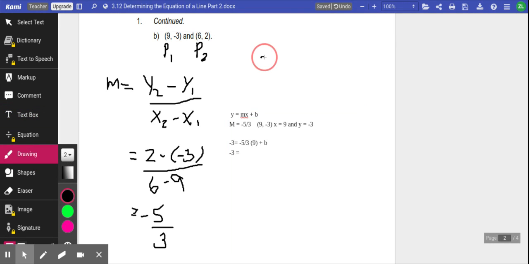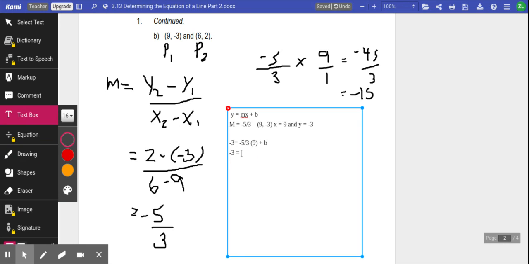So we'd have negative 5 over 3 multiplied by 9 over 1. So negative 5 times 9 being negative 45. And then 3 times 1 being 3. So negative 45 divided by 3 being negative 15.